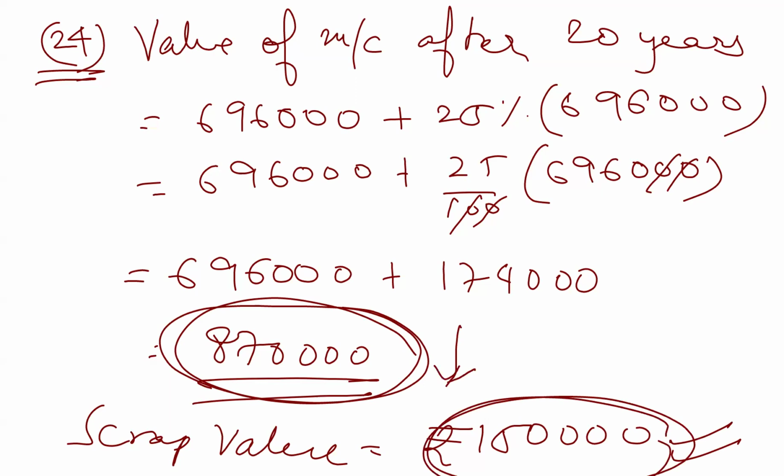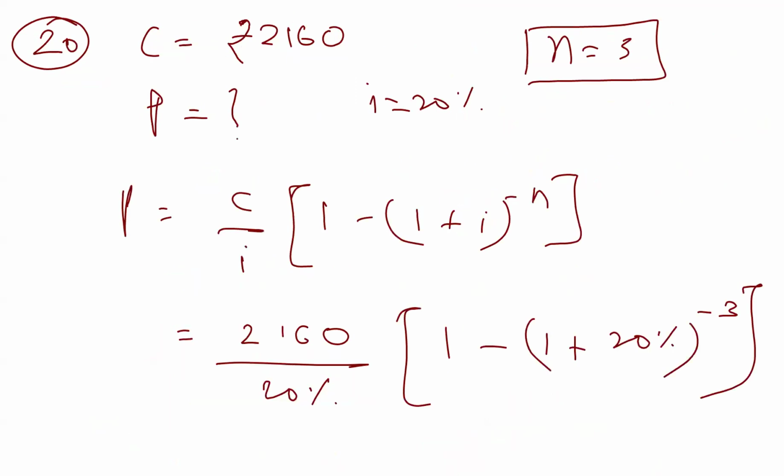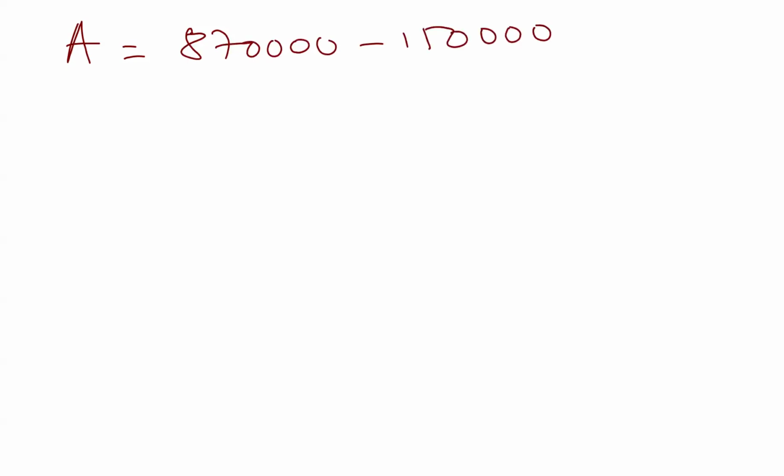So how much is to be accumulated in the future? That is A. Why am I saying A? Because they are asking what amount should be set aside at the end of every year. So end of every year, nothing but annuity immediate, right? So A is 8,70,000 minus 1,50,000. That is 7,20,000.